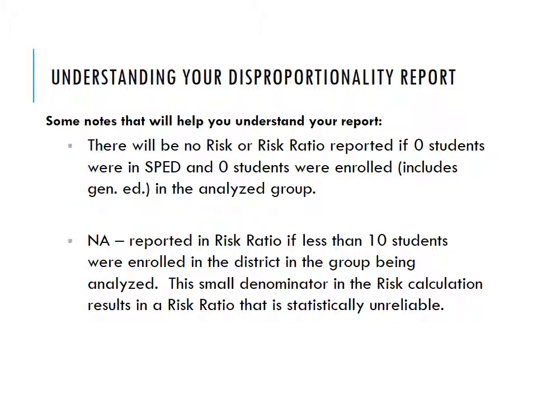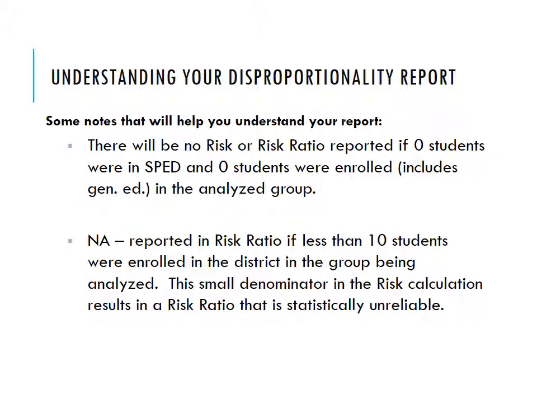Some additional notes to help you understand your report. You may notice that there are boxes on your report where no numbers, no risk ratio, or risk are reported, and that denotes that there were no students in special education in that category, so therefore no calculation could be made. You may also note that there's an NA in some of your boxes.